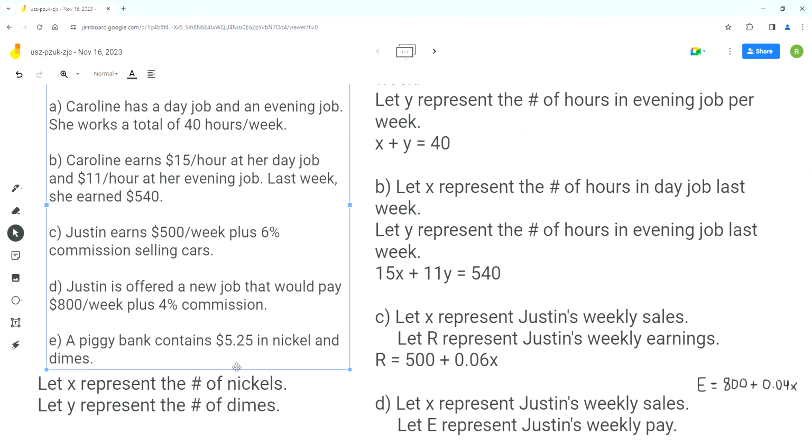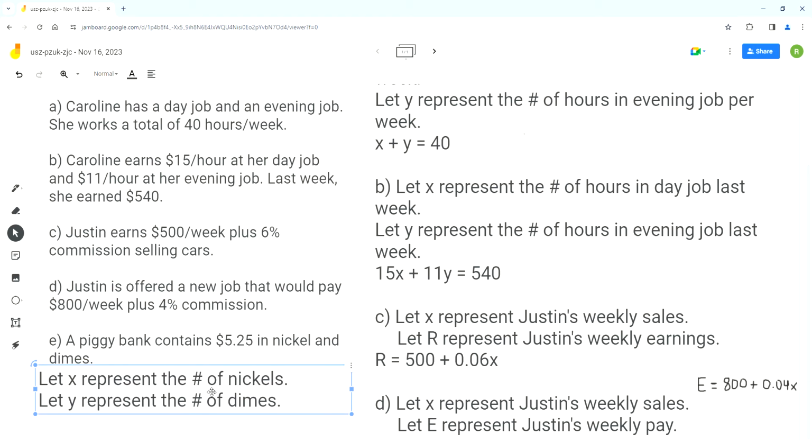Now we can use these variables to write our equation. So the total amount of money is $5.25, and as I just mentioned, a nickel is 5 cents or $0.05.